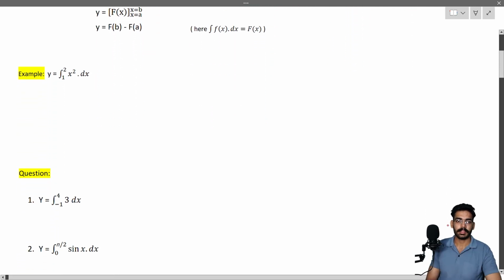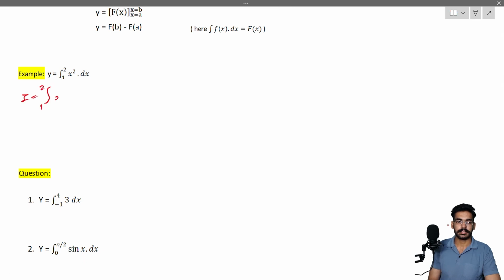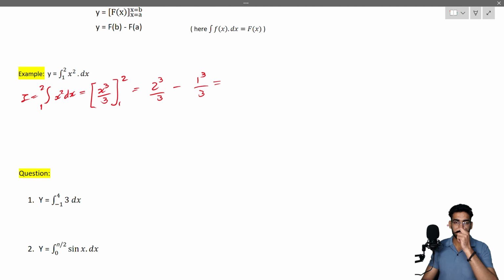Here we have I equals integration from 1 to 2 of x square dx. The integration of x square dx is x cube by 3, same as indefinite, from 1 to 2. First you put the value 2, so 2 cube by 3 minus 1 cube by 3, that is 8 minus 1, 7 by 3 is your answer.